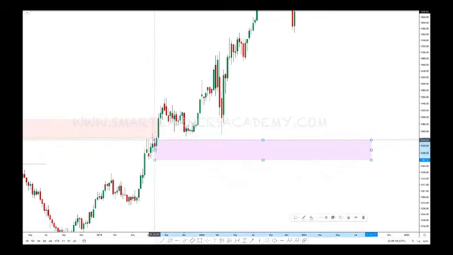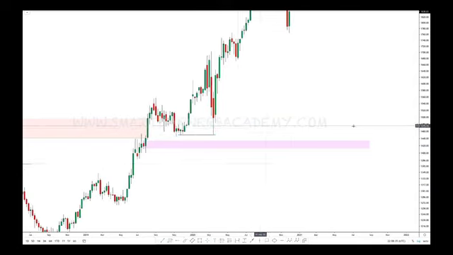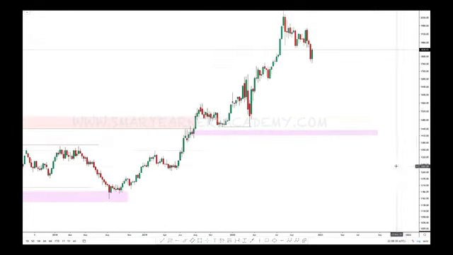So we could say that there is a high probability, right? There is a high probability that price, for some reasons, left liquidity here, because we do have equal lows actually at this point. So we could say that there's a reason why liquidity was created or left right there.